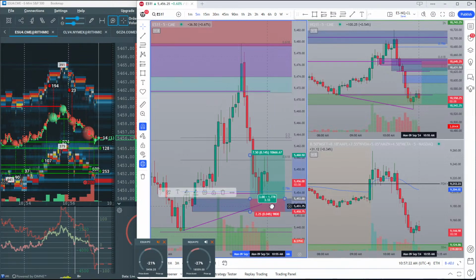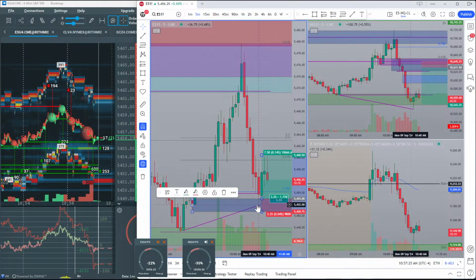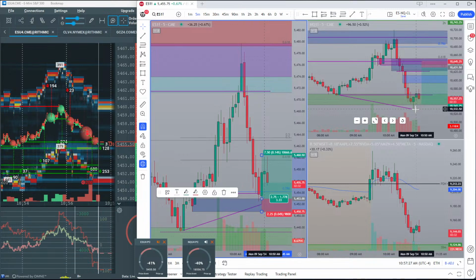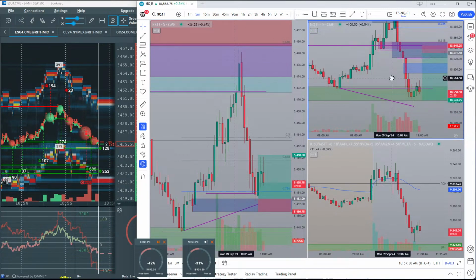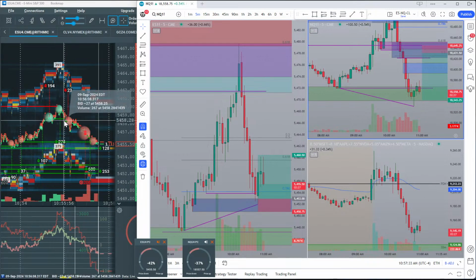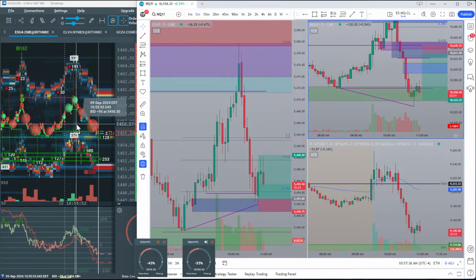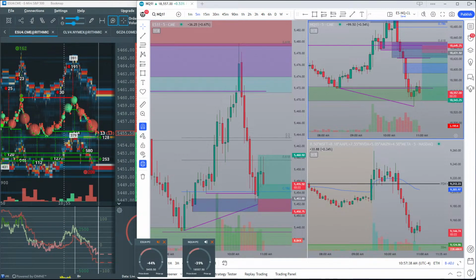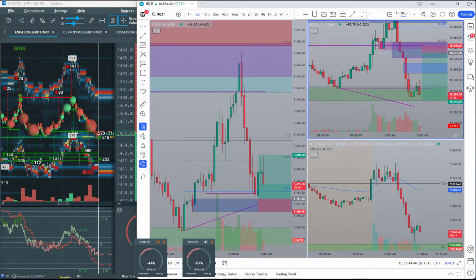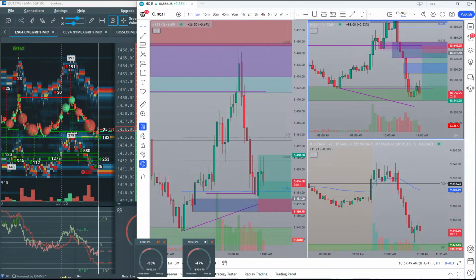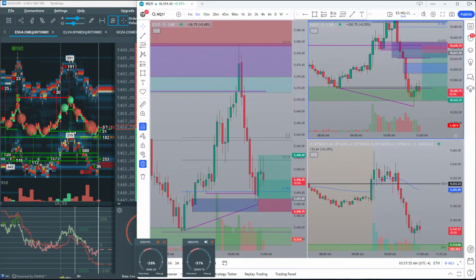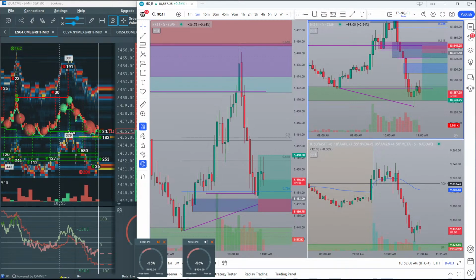If ES wants to hold this low, 54.52, and NQ wants to break that low, 18.532. Alright, guys, so we'll see if we get that divergence.